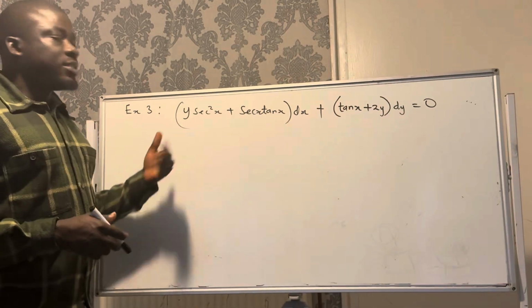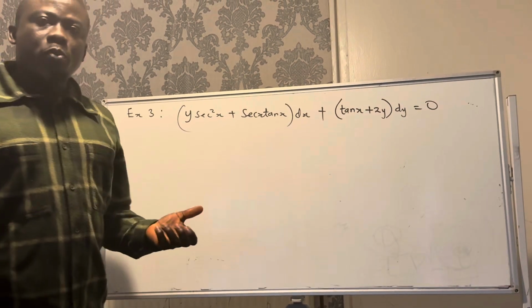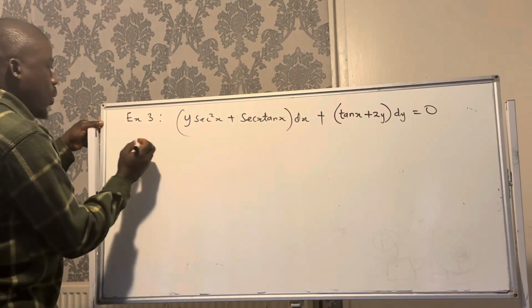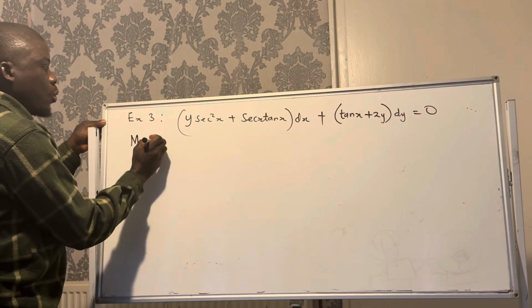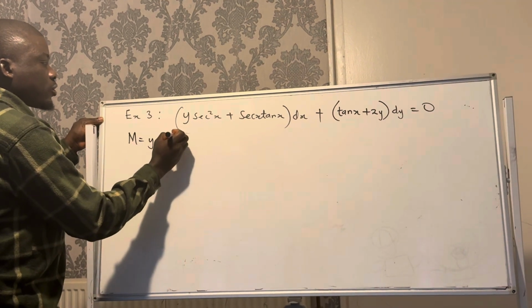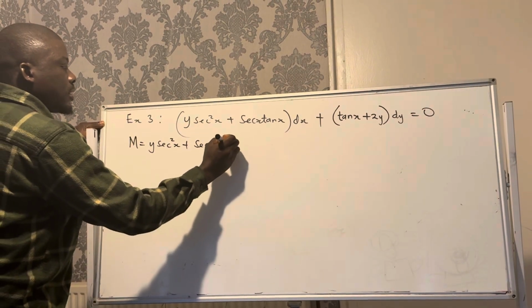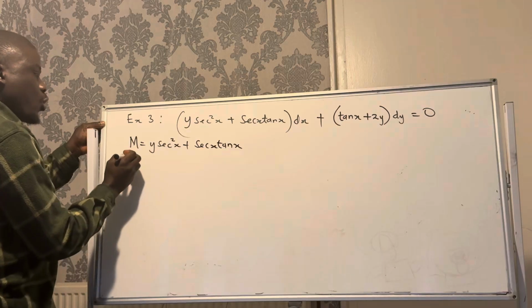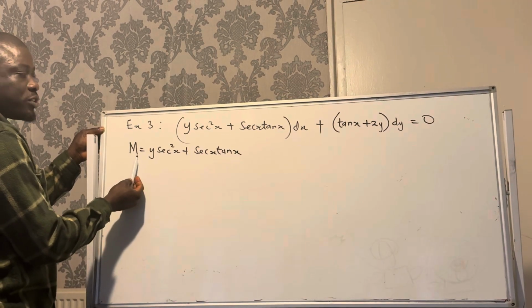Now, this is another example on exactness. Similar procedure. We have our m to be equal to y sec square s plus sec s tan s. So we differentiate m partially with respect to what?